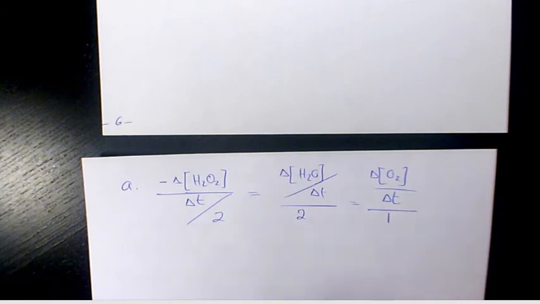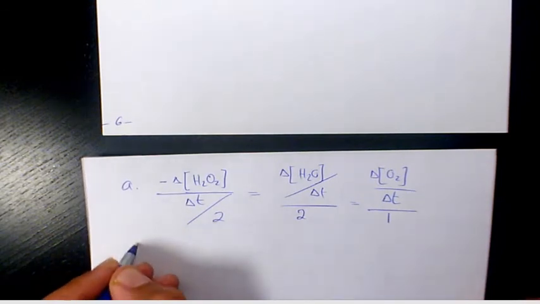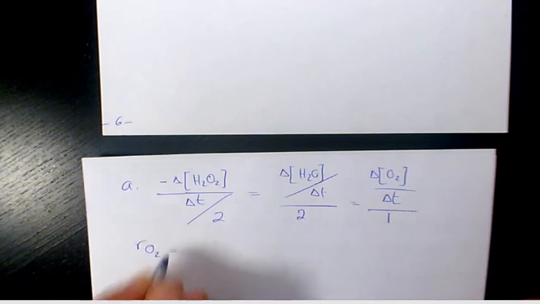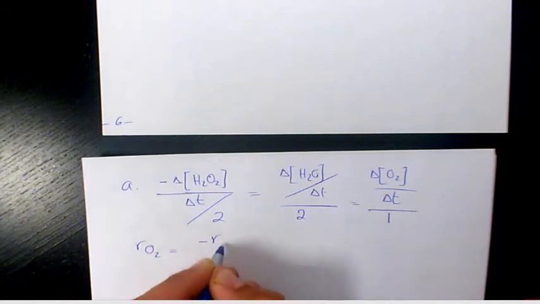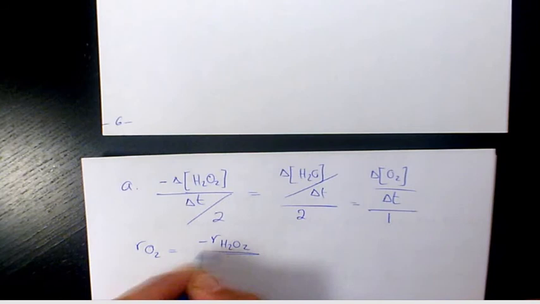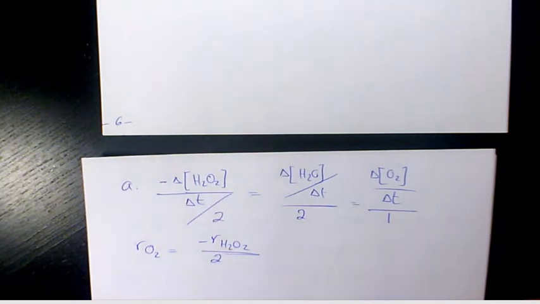It means that the rate of reaction of O2 equals negative rate of reaction of H2O2 divided by 2, with 2 different signs.